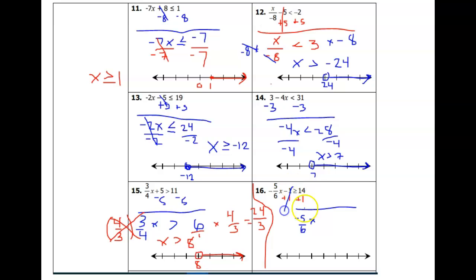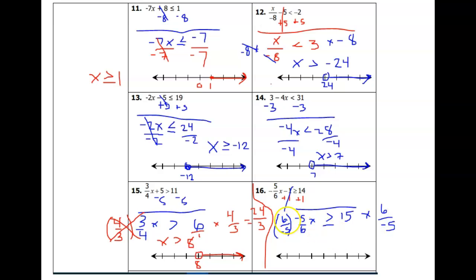Remember, the 1's cancel. It's going to be greater than or equal to 15. Pay attention, guys. Remember, we get rid of the fraction by multiplying by the reciprocal. So I'm going to be multiplying top and bottom by 6 over negative 5.